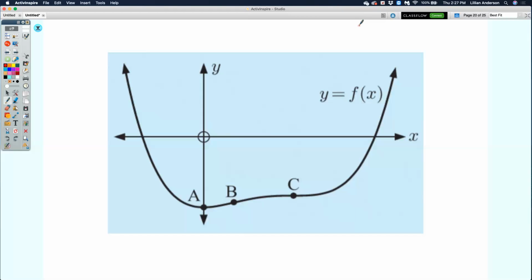It is an absolute or a global minimum, okay? So yes, A is a minimum. And remember, minimums exist when the first derivative is equal to 0. So if we have a minimum, that means that on the derivative, we have an x-intercept at that same x value.